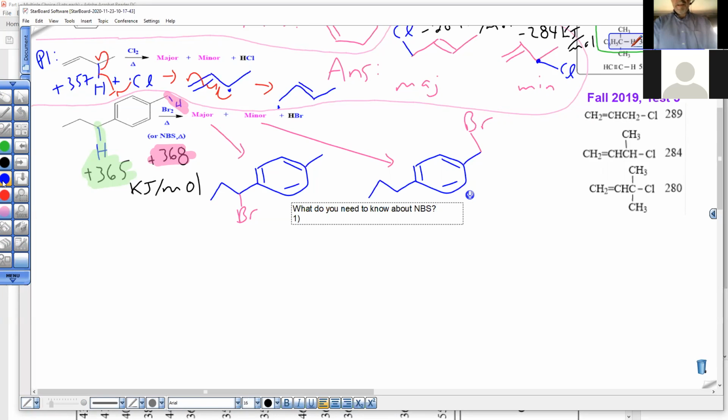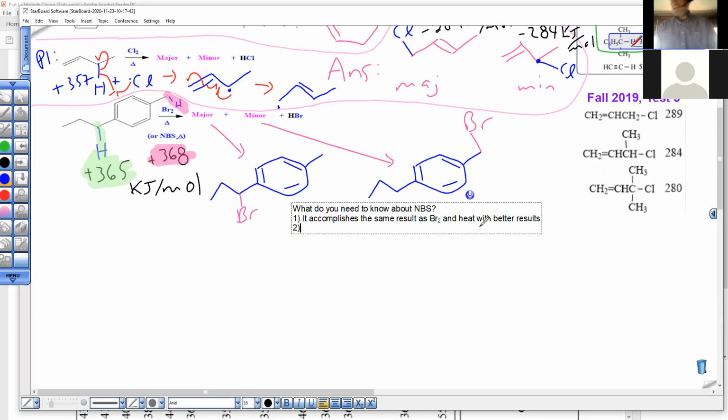One, it accomplishes the same result as Br2 and heat. So you're going to get a radical halogenation reaction going, because that's what happens with Br2 and heat, with better results, as in higher percent yield and less side reactions. You want to read about those things? They're in the book, but you're not responsible for them.